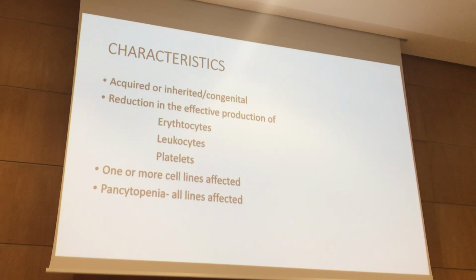So aplastic anemias can be acquired or inherited, and there is a reduction in the production of all cell lineages: erythrocytes, platelets, and white blood cells.